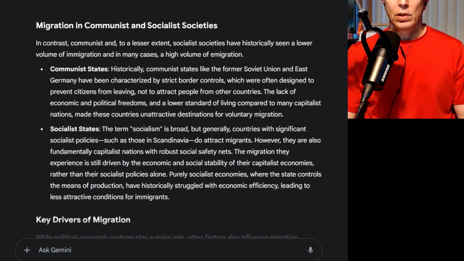So the lesson here is that leftists are liars. They can't speak one shred of truth. And the reality is that people run screaming from communist and socialist societies to the open arms of capitalist societies.